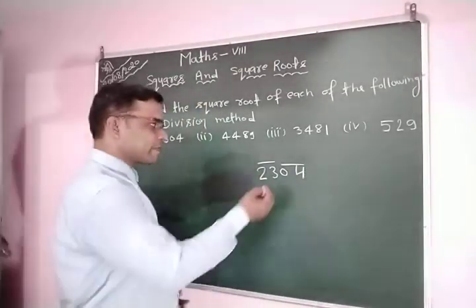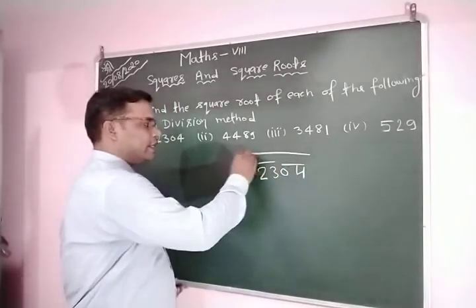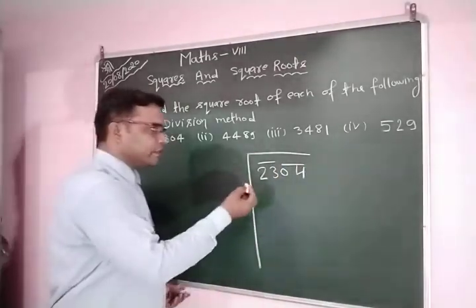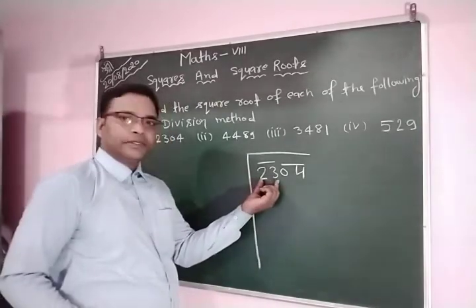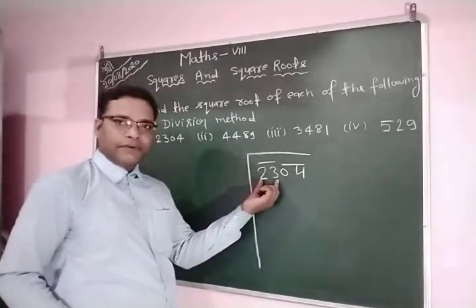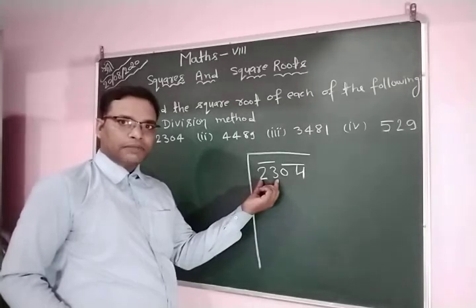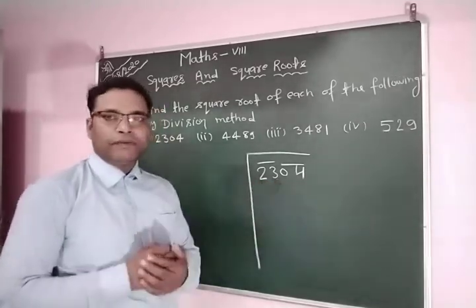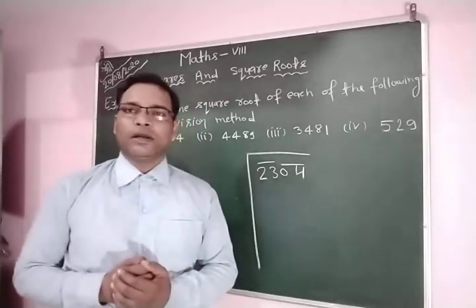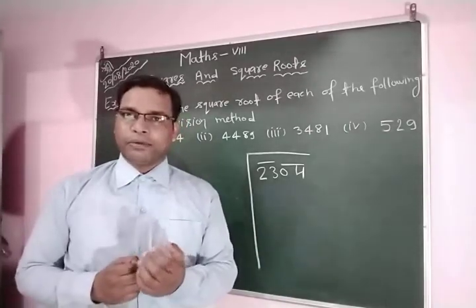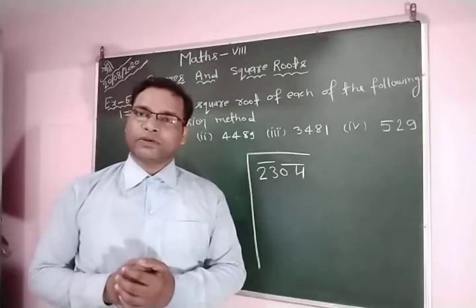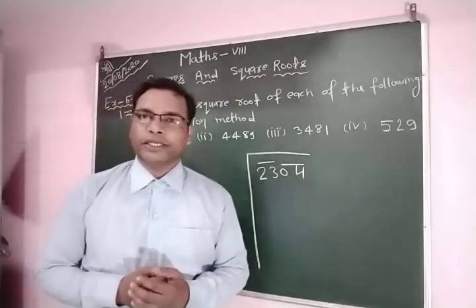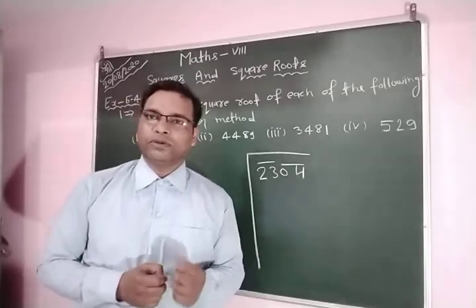Now again, we write it like that. We take the first pair from the left. This is 23. We select a number whose square is less than or equal to 23.